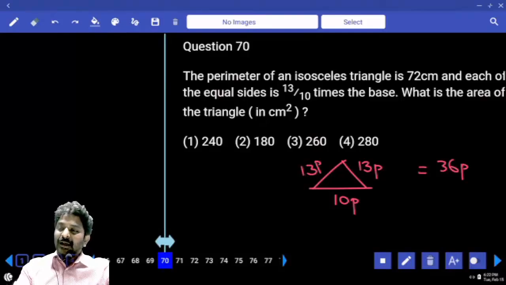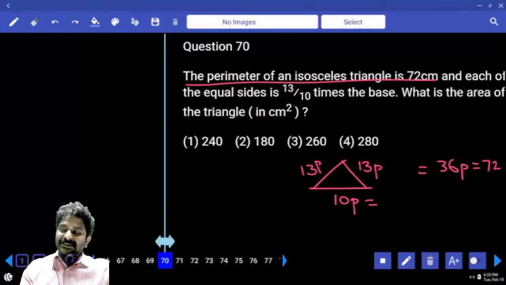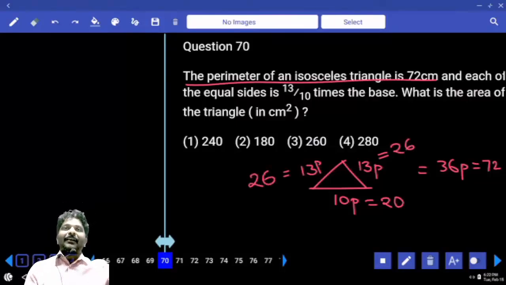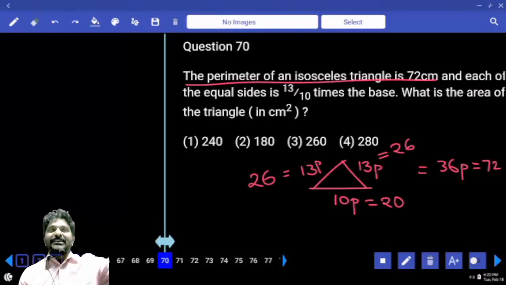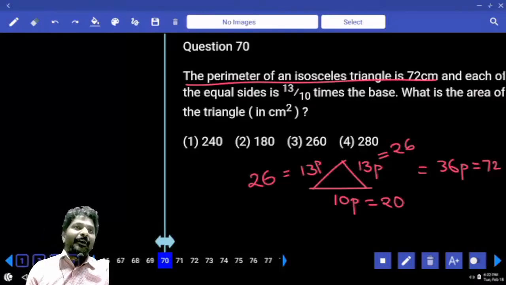In the information it is mentioned as perimeter is equal to 72. That means 10 parts is equal to 20. 13 parts is equal to 26. So sides of the triangle are 26, 26, 20. Got the point? Right.